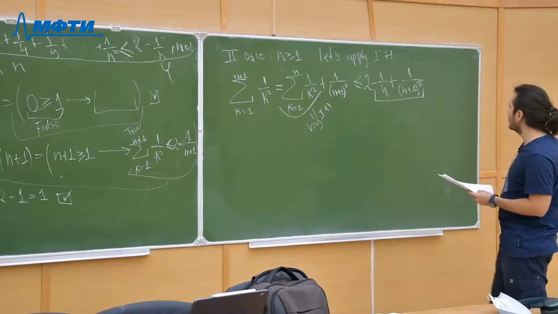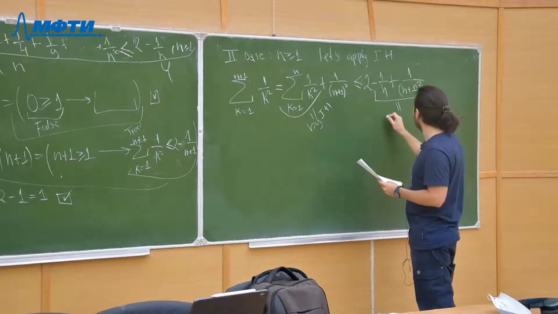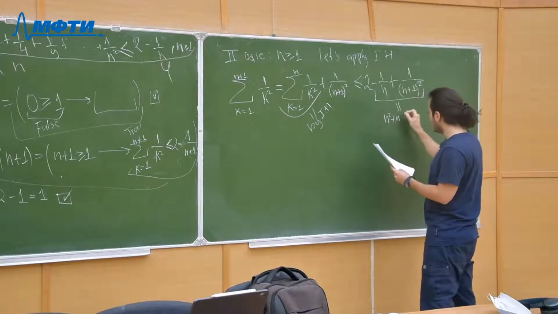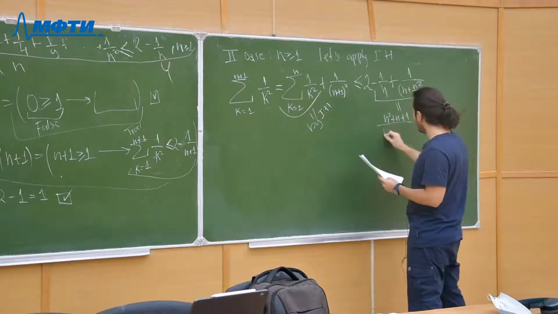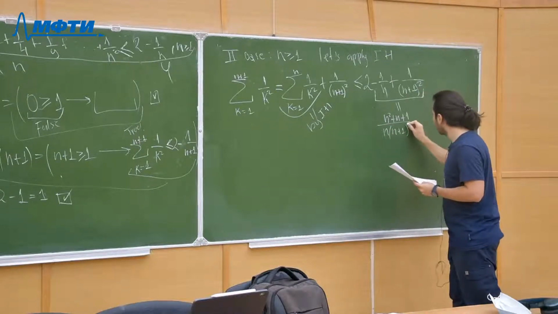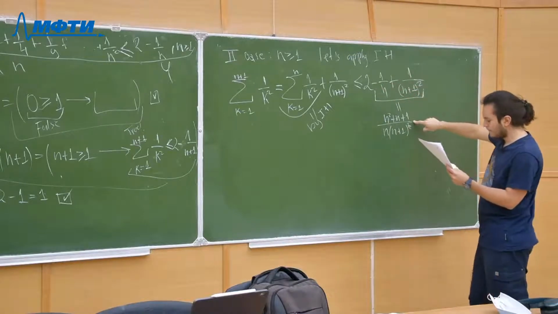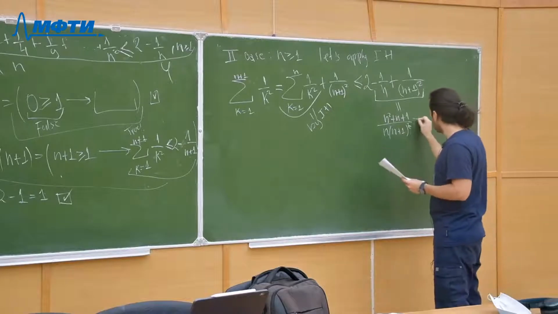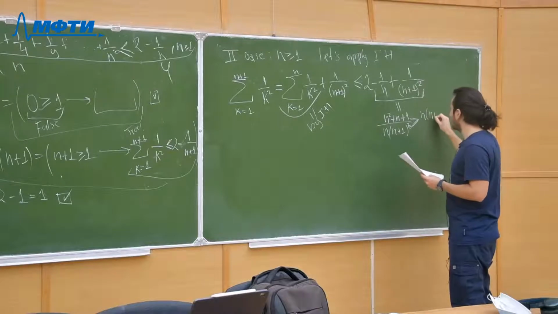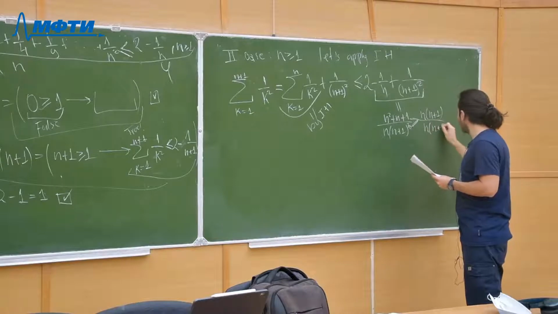We can see that 1 over n minus 1 over n plus 1 is equal to n squared plus n plus 1 over n times n plus 1 squared, and this of course is greater than n over n plus 1 over n plus 1 squared.